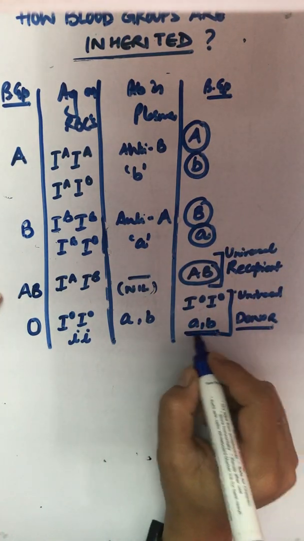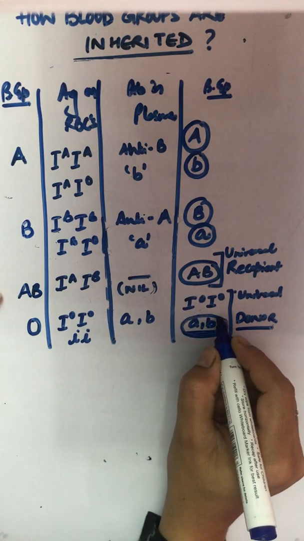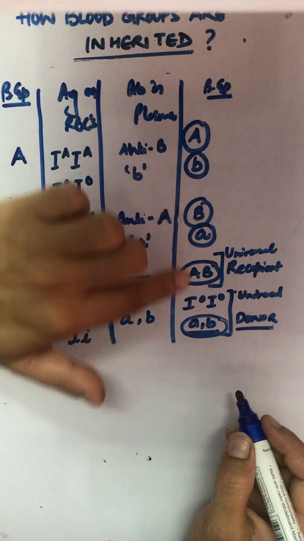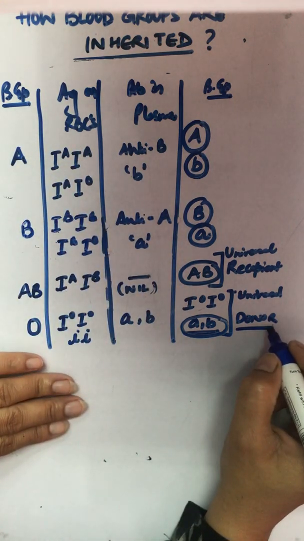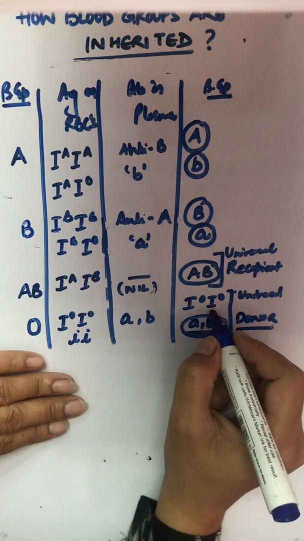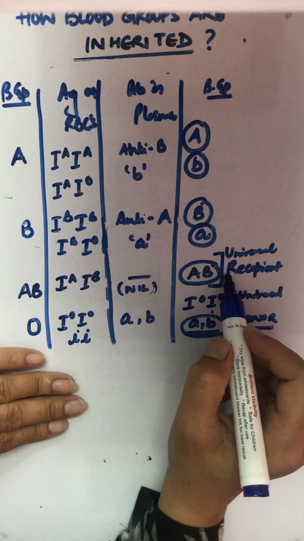But O, having antibodies, will not welcome these different antibodies and will remain always a donor. Because of having no antigen, it will become a donor and AB will become a recipient.